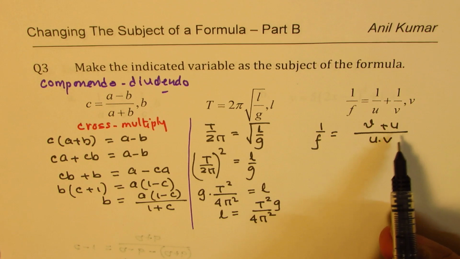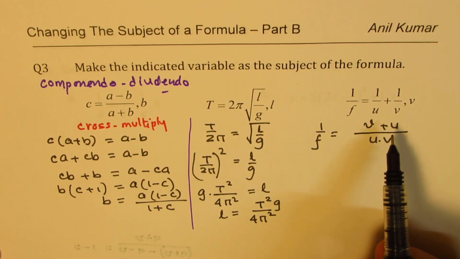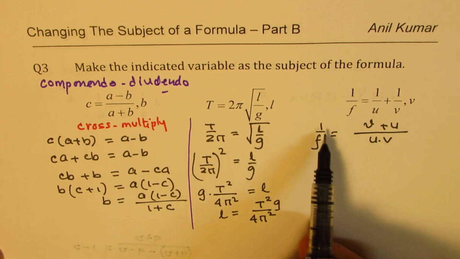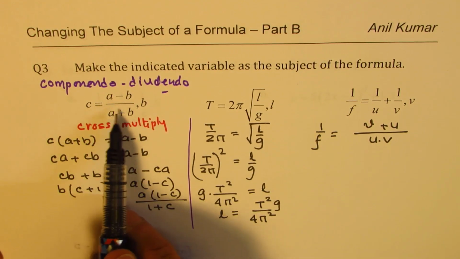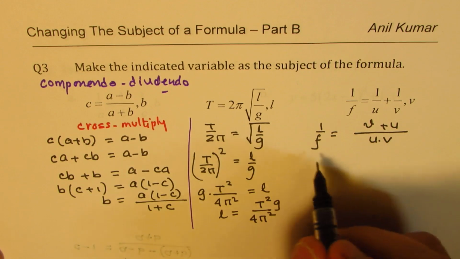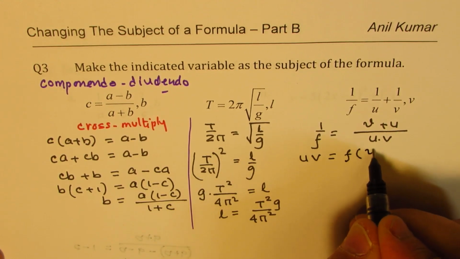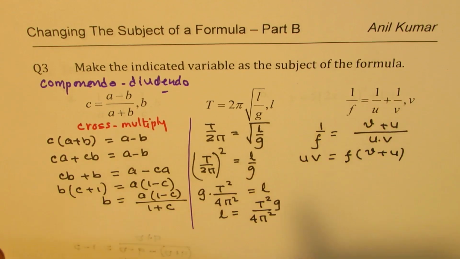Perfect. So once you get to this step, then it becomes slightly easier to isolate. Now we'll cross multiply and do as we did here, right? So we'll now cross multiply. So we get uv equals f times (v plus u). You need to isolate v.